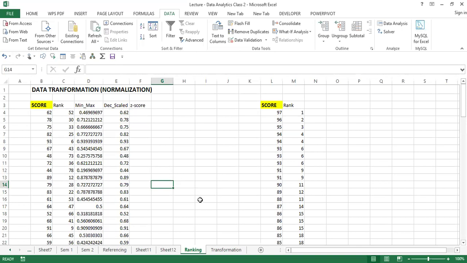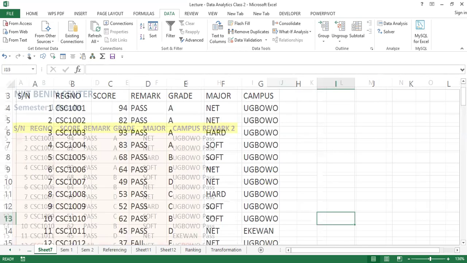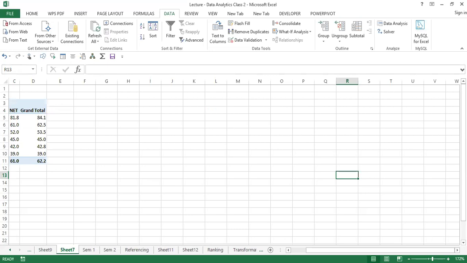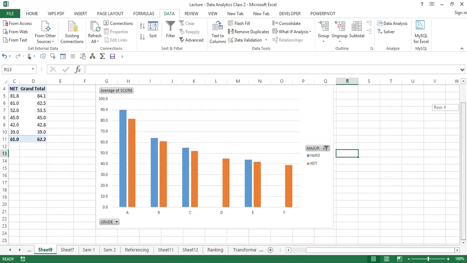Even a layman can interpret some of those things. For example, if you do a chart like this one, you don't need special interpretation.